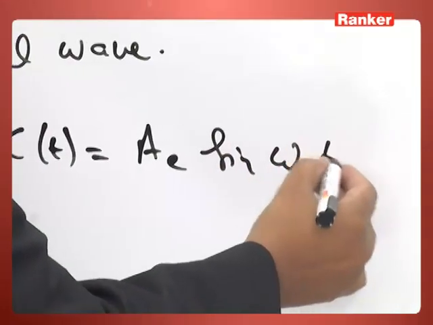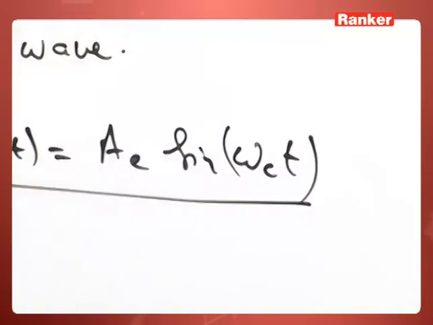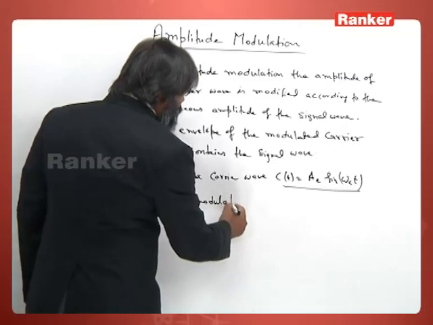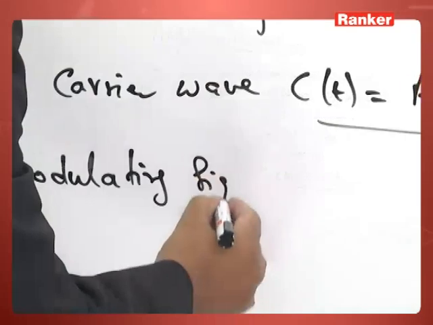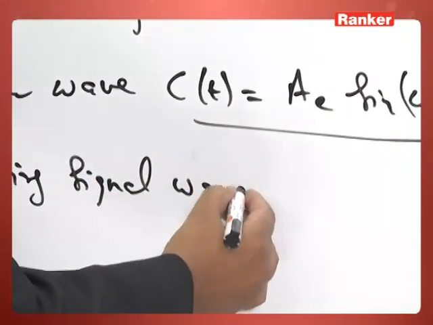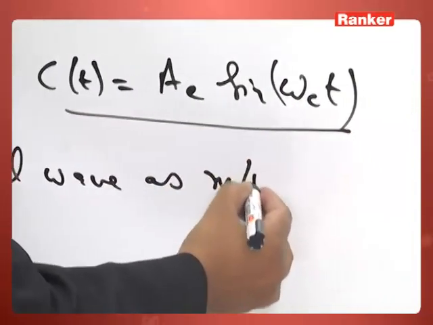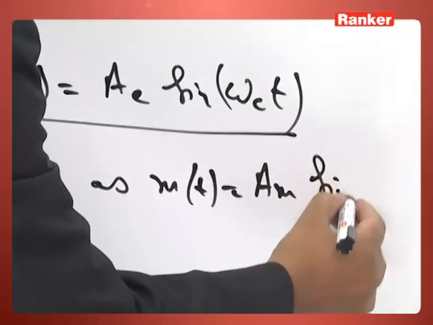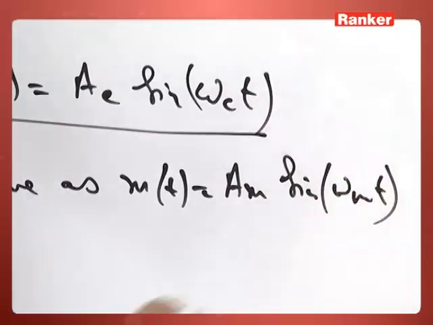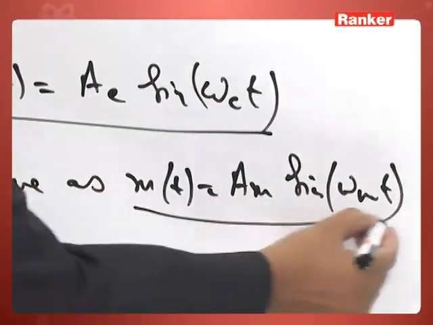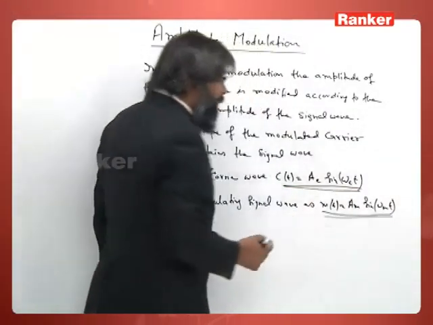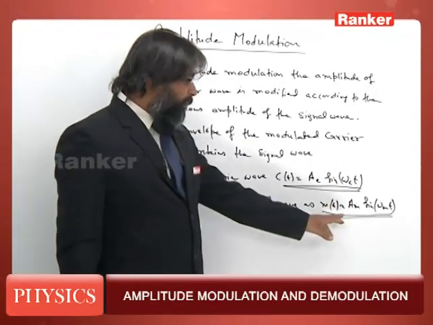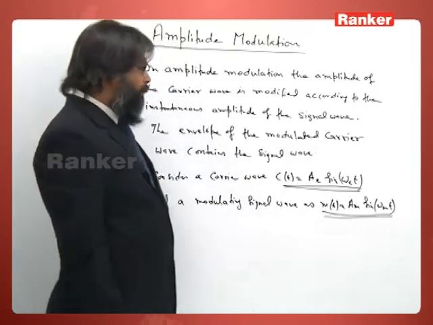Suppose this is my carrier wave, and a modulating signal wave m(t) = Am sin(ωm t), where Am is the modulating amplitude. This is the standard terminology we will follow to denote the carrier wave function and the modulating wave function.